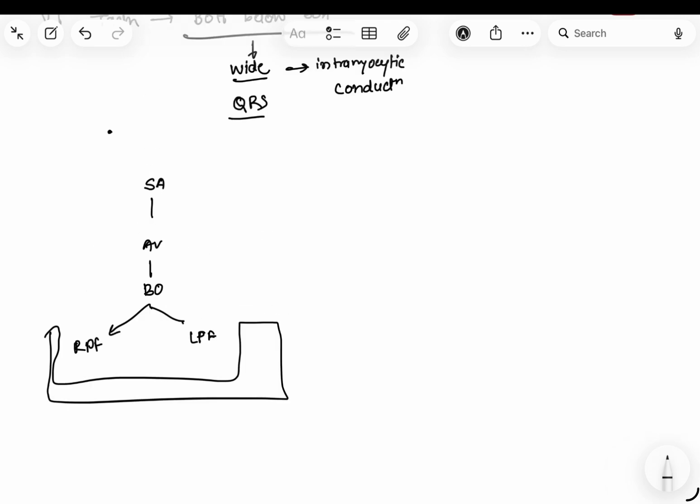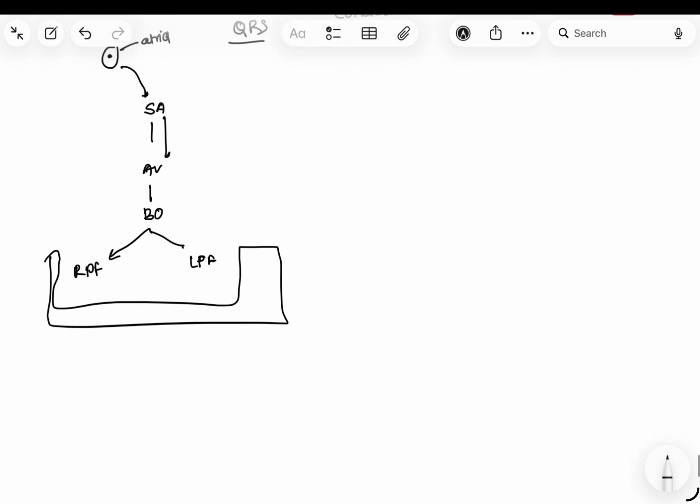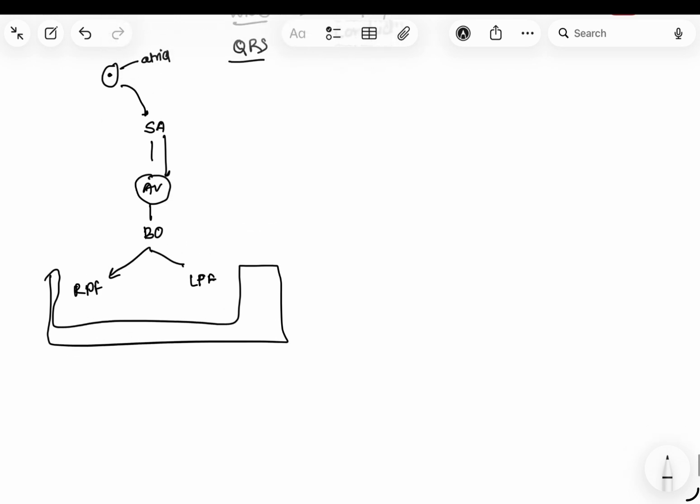Suppose this is the foci of generation of impulse, which is at the atria. This will depolarize the SA node. This will then follow to the AV node. Now what happens if there is an alternative pathway that goes from the AV node to the ventricle directly? That is the accessory pathway that goes directly to the ventricle to depolarize it.